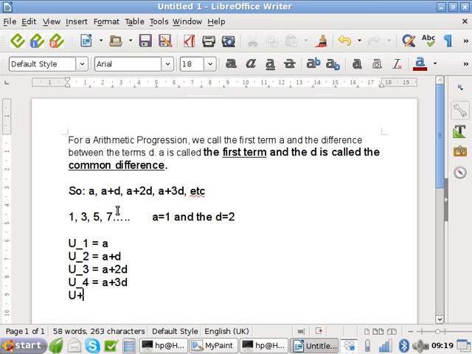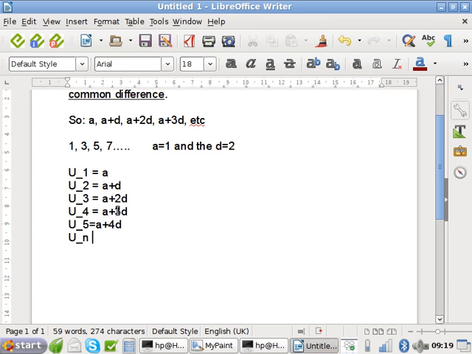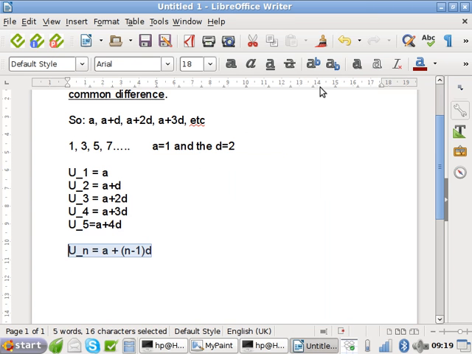The fifth term, you add D again, A plus 4D. So what's the nth term? A plus n minus 1 multiplied by D. Yes, (n minus 1)D, it's always one less. So this is your first formula.